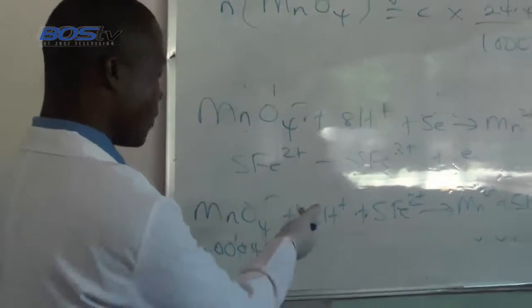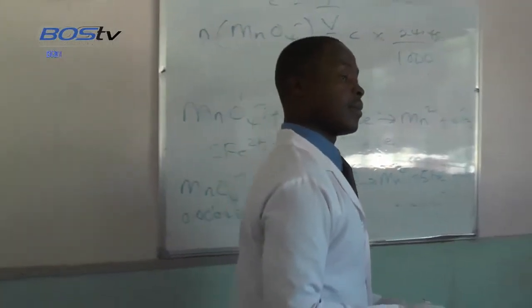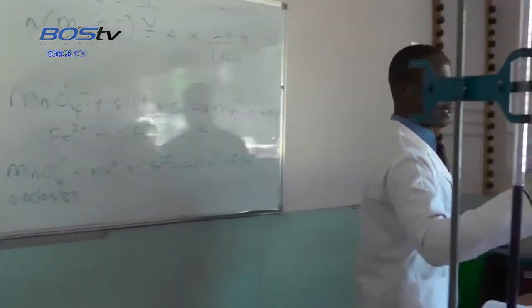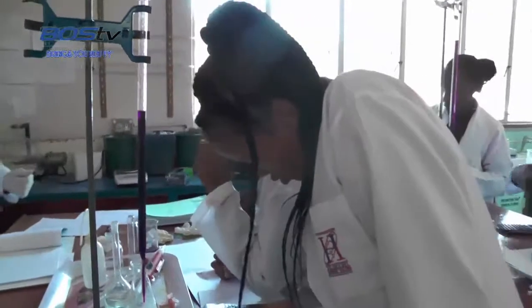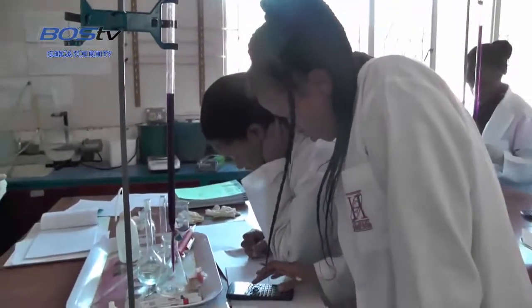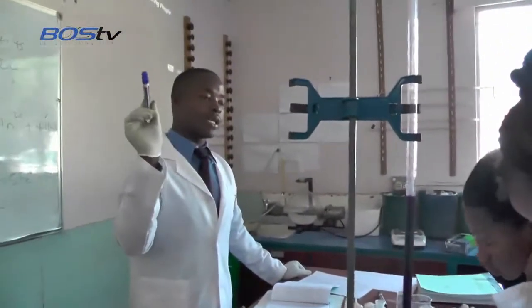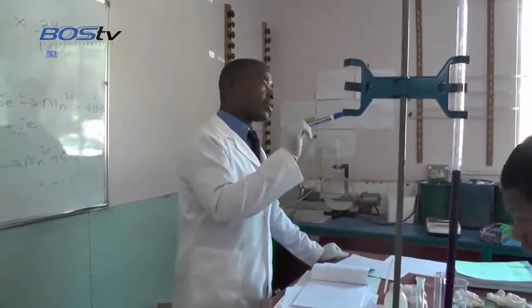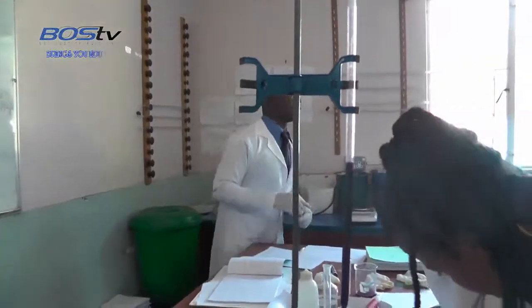We just use the stoichiometric ratio of 1:5, multiplied by 5. Note, this multiplied by 5 gives us the number of moles of Fe2 plus in 25 cubic centimeters. But the question requires us to know the number of moles in 250, so we multiply eventually by 10.